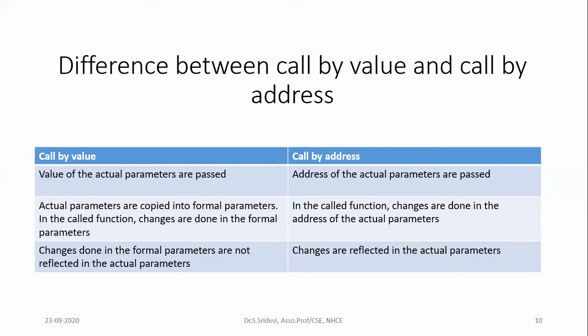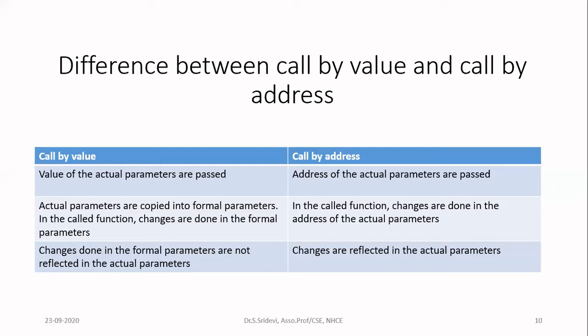Whenever you need to return multiple answers, in case of a return statement, you can return only one answer. Whenever you need to return multiple answers, you can go for call by address, because when you make any changes, they will be reflected in the address itself. When you want to return only one answer, you do some computation and return only one answer to the user.